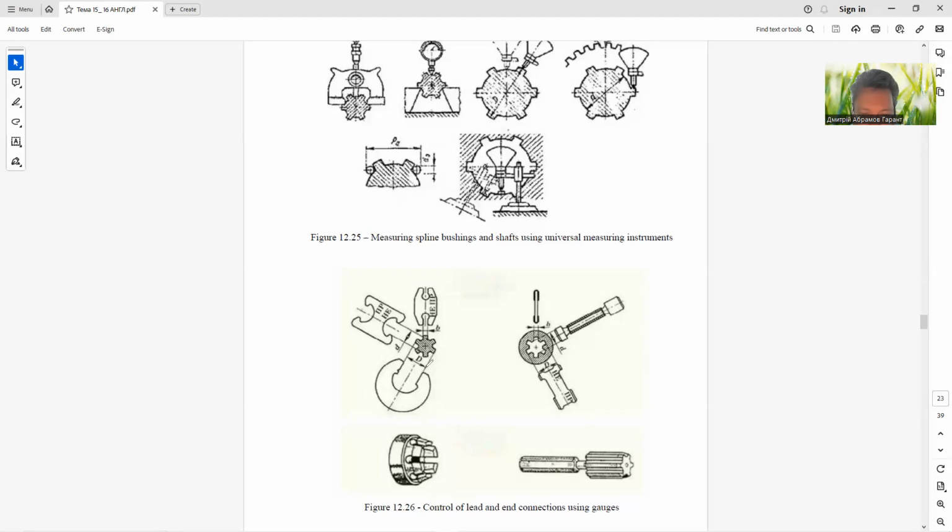You can see the gauge for controlling the outer diameter, the gauge for controlling the inner diameter, small d, and the gauge for controlling the width of the spline, so the parameter B. And for the holes of the bushing, you can see the gauge for controlling the outer diameter, big D, the gauge for controlling the inner diameter, small d, and the gauge to control B. It's the width of the spline.